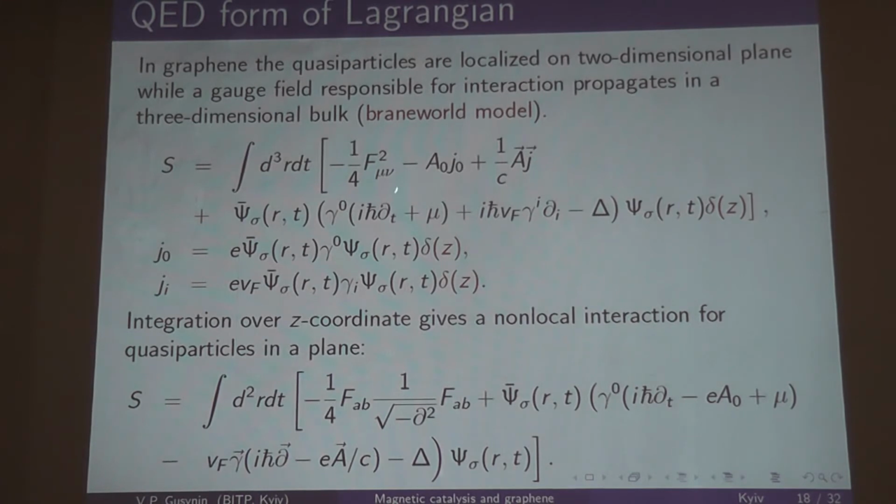Instead of the standard form of F squared, you have here a non-local form. It is really needed in order to keep the Coulomb interaction 1 over r in the plane, because if you consider simply F squared in 2+1 dimensions, you get a logarithmic potential.